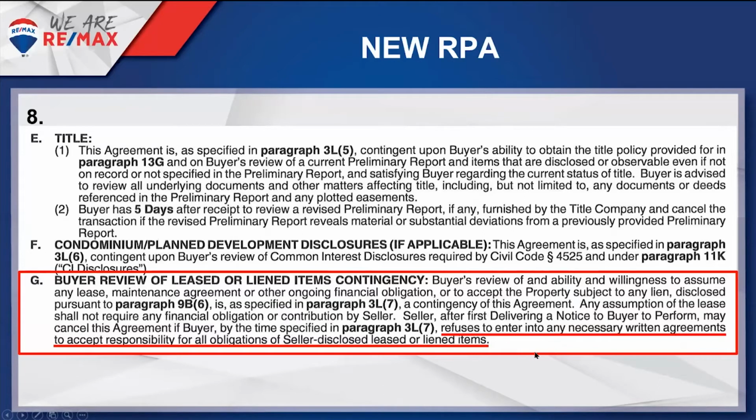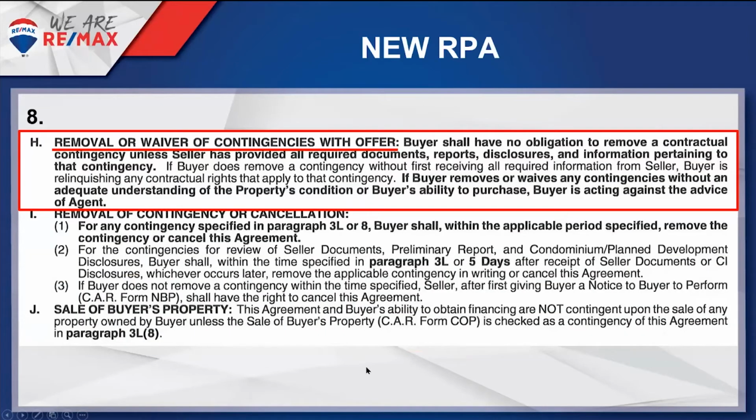So if the buyer does not accept the solar lease, for example, or can't qualify for the solar lease, the seller, after giving a notice to perform for the buyer to accept it, qualify for it, or the seller will cancel, may cancel. Removal or waiver of contingency with the offer.